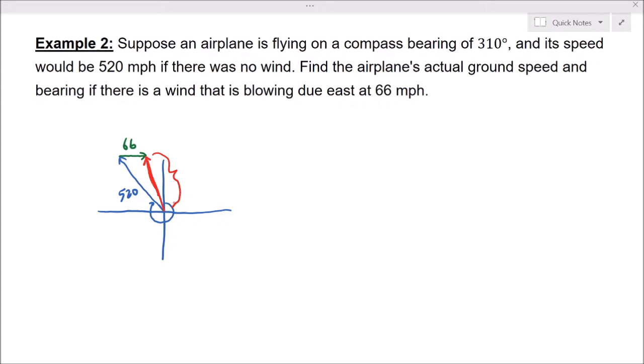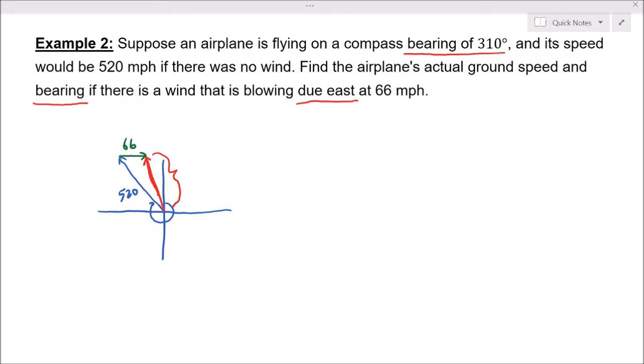And for this problem, what you have to notice is they're giving us vectors in terms of bearings, right? So the airplane's velocity they're giving us as a bearing, same with the wind. And then we need to figure out this total vector, but we're giving that as a bearing. But unfortunately, when you do calculations with vectors, you want it in terms of the other system of angles.